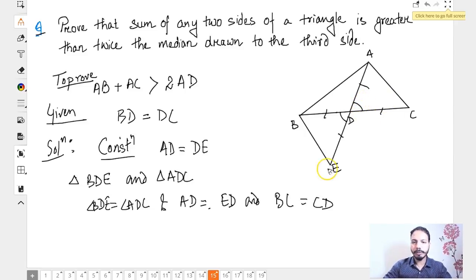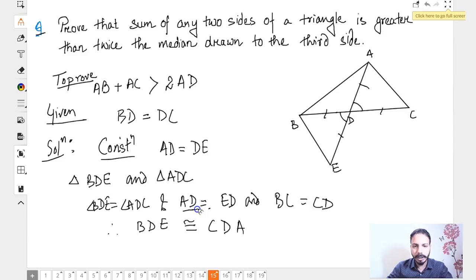Therefore we can say that triangle BDE is congruent to triangle CDA, right? Can you say this?